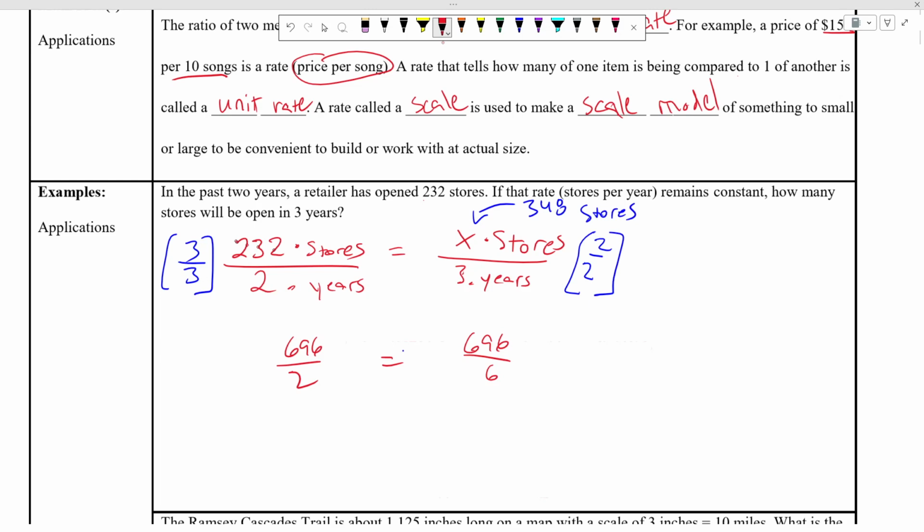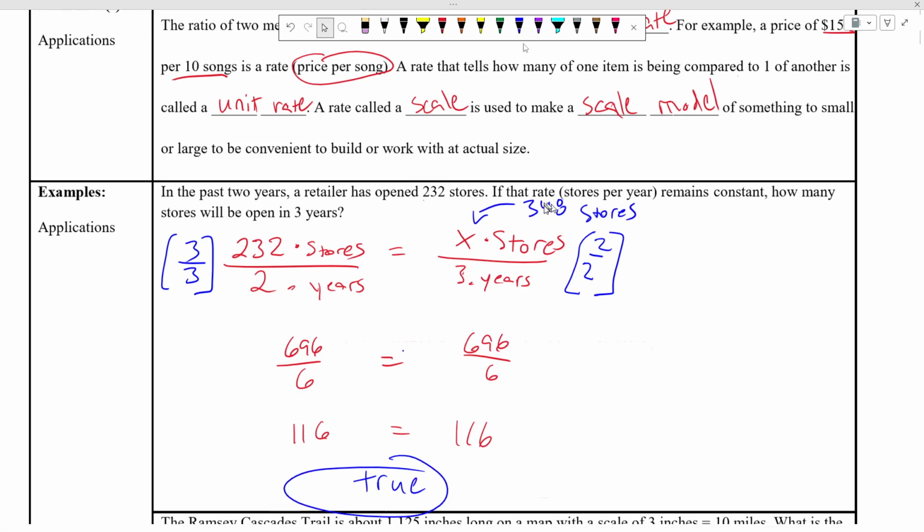Wait, 3 times 2, and this is also 3 times 2. This is actually 6. Okay, and then I can simplify this further to say that 696 divided by 6 happens to be 116. 116. They do, in fact, equal each other. It is true.